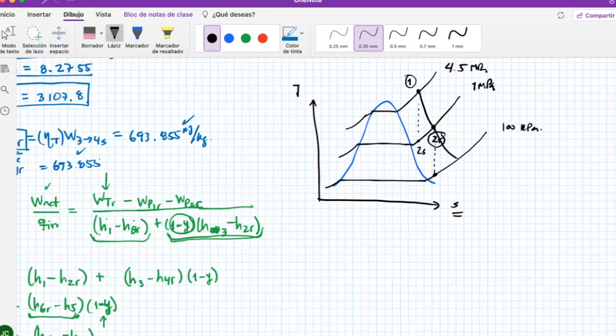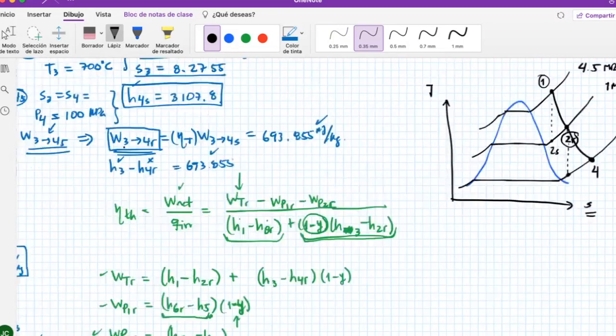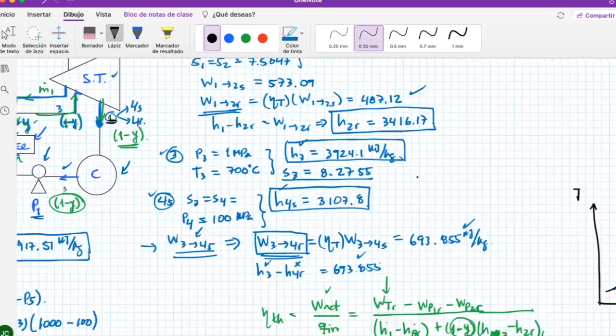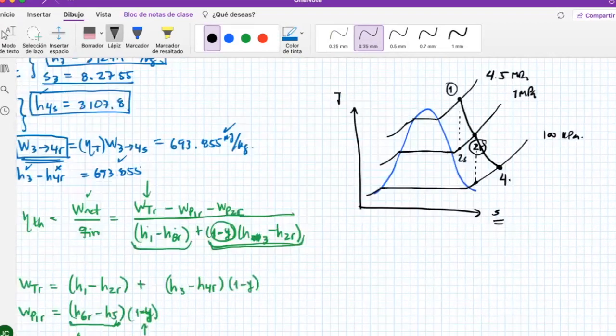So this point is going to be around here. This is 4, after the steam turbine, so this one is 4R. I have another point here. All of these, 1, 2R, 4R, are moved a little bit to the right because things are not isentropic.